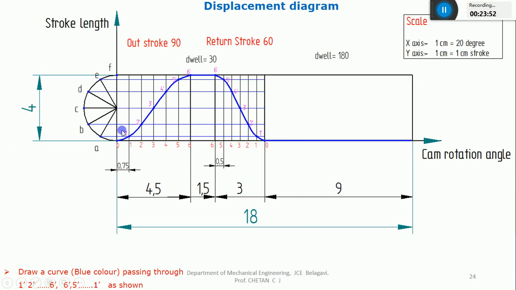You have to measure these distances using the compass from 1 to 1 dash, 2 to 2 dash, 3 to 3 dash, 4 to 4 dash, 5 to 5 dash, and 6 to 6 dash. Use the compass. Just copy these distances, and you have to transfer all these 6 distances over the cam profile for the outstroke angle. Okay, first I'll copy this 1 to 1 dash distance using the compass.